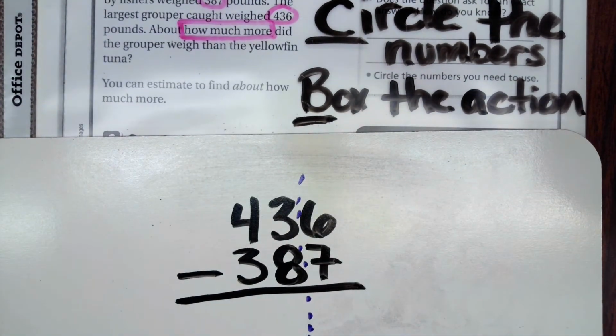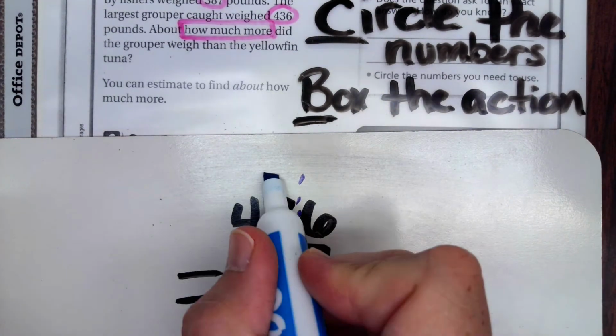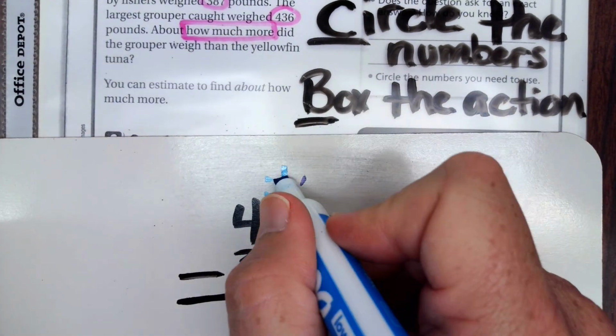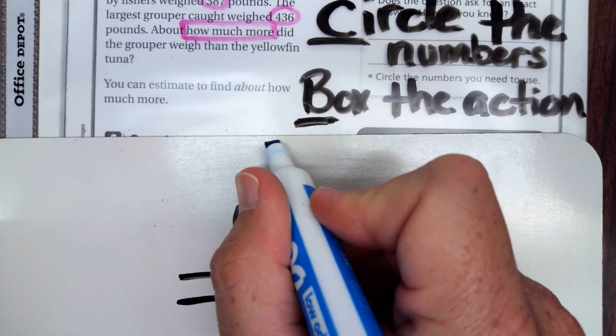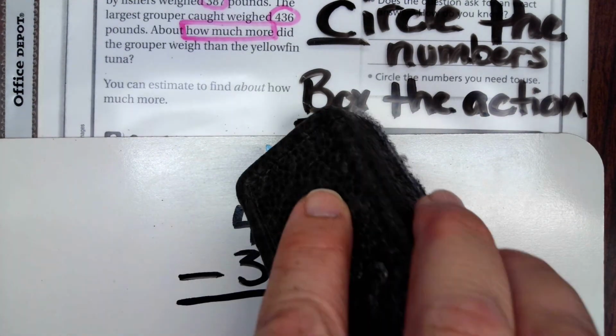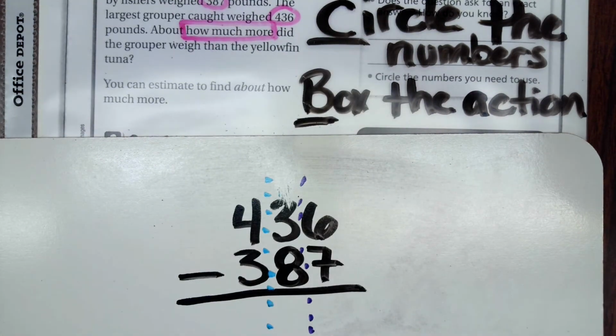Then I have my tens place in the middle. And then the hundreds place is on the far left.